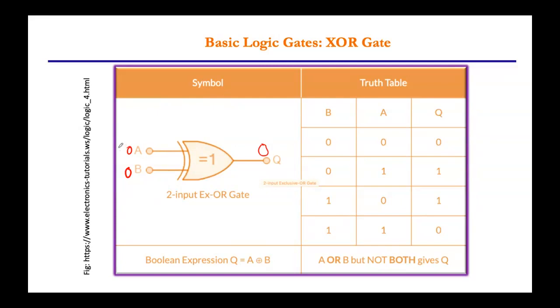If both are 0, it is 0. If both are 1, then it is 0. In all other cases, the result will be 1.